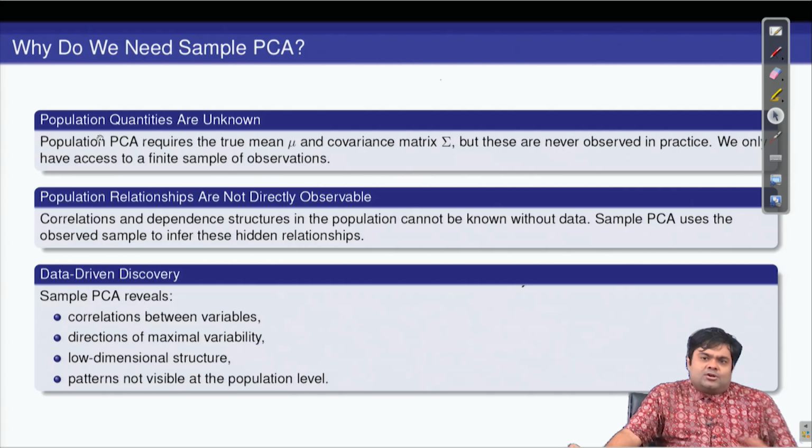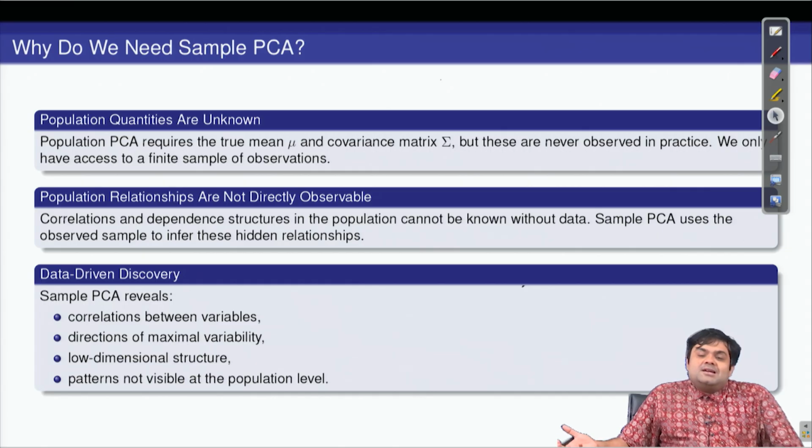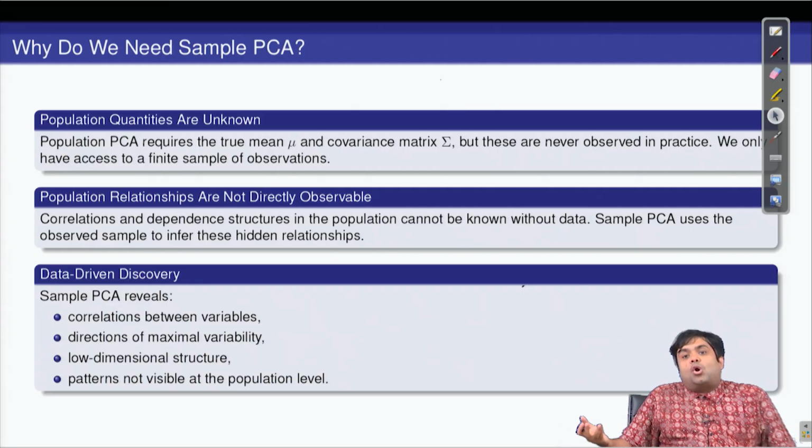So, population quantities are unknown. The reason why we need sample principal component analysis is that essentially statistics happens because population quantities are unknown. Population PCA requires the true mean and the true population variance covariance matrix, which in reality will perhaps not be observed. They can even be not observable.